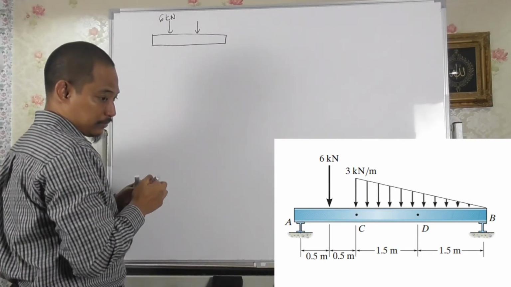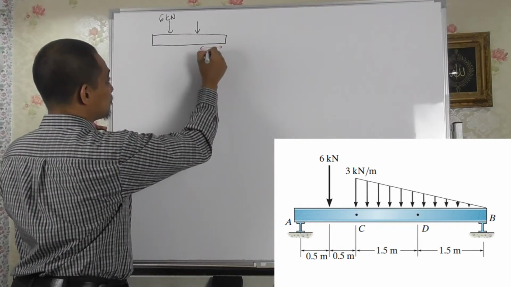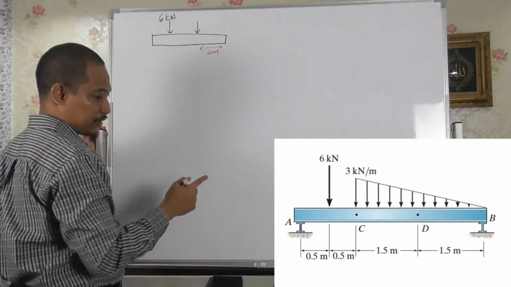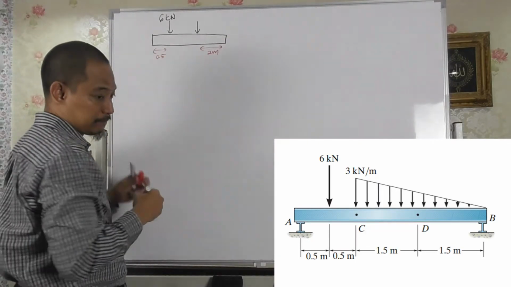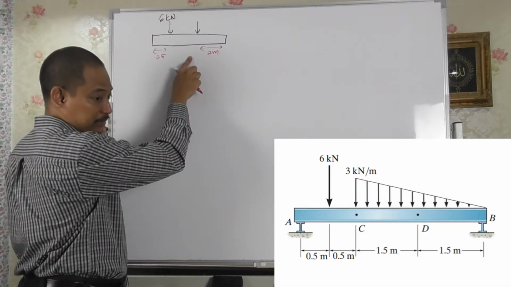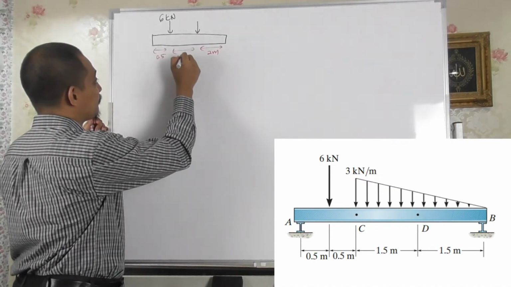So in terms of the placement, then it will be 2 meter here, right? And then this is 0.5. So you have 3 meters, so 2 meter and 1 meter here, plus 1.5, so 1.5 meter here.